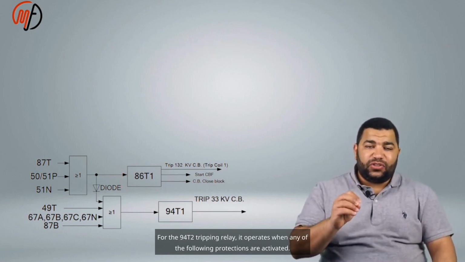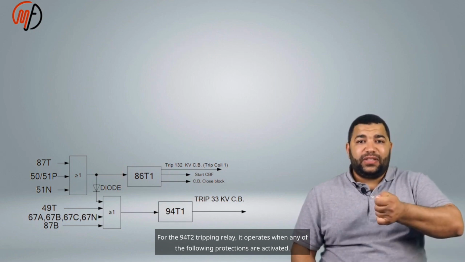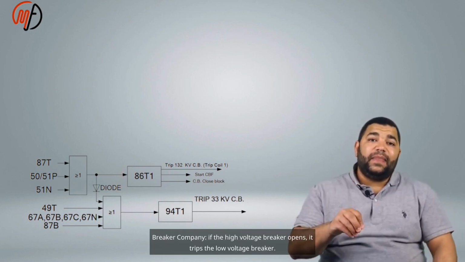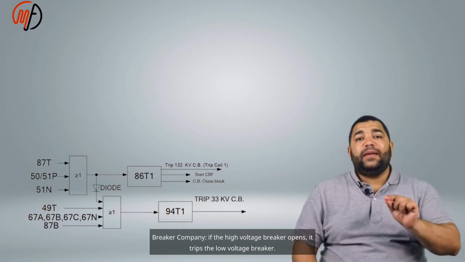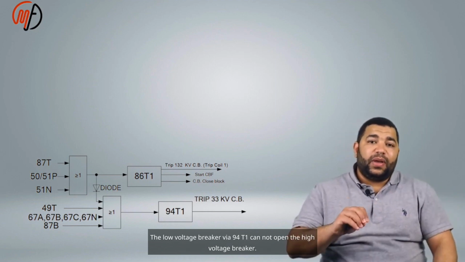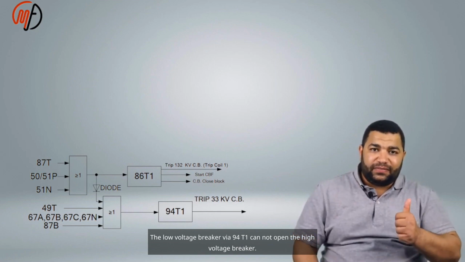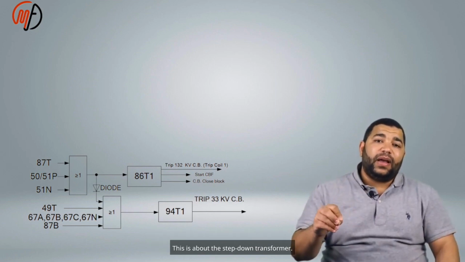For the 94T2 tripping relay, it operates when any of the following protections are activated. If the high voltage breaker opens, it trips the low voltage breaker. The low voltage breaker via 94T1 cannot open the high voltage breaker. This is about the step-down transformer.